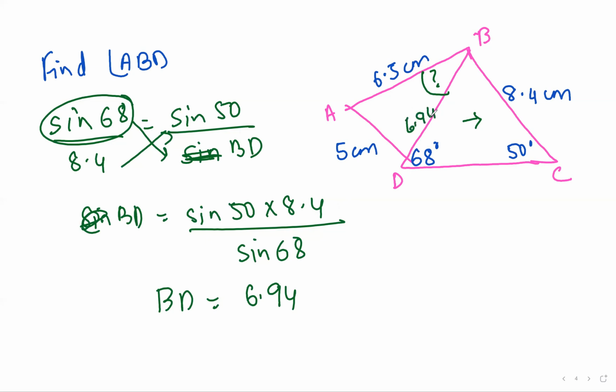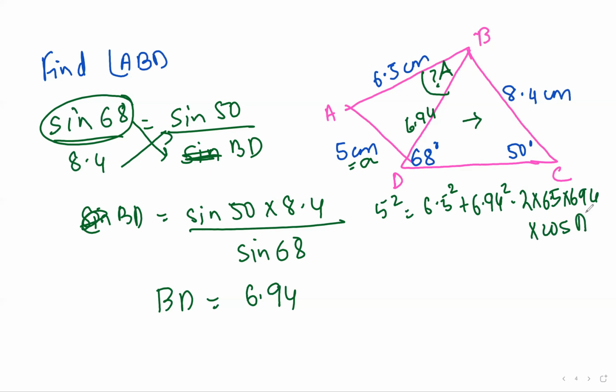So now I have got this 6.94 centimeters. So here there are three sides into consideration. We already know that when we have three sides, we will be applying cosine rule over here, right? As I have to find this angle, this is my subject A. So as I have to find A, this will become my A. So here A square is 5 square is equal to B square, which is 6.5 square plus 6.94 square minus 2 into 6.5 into 6.94 into cos A. Correct?